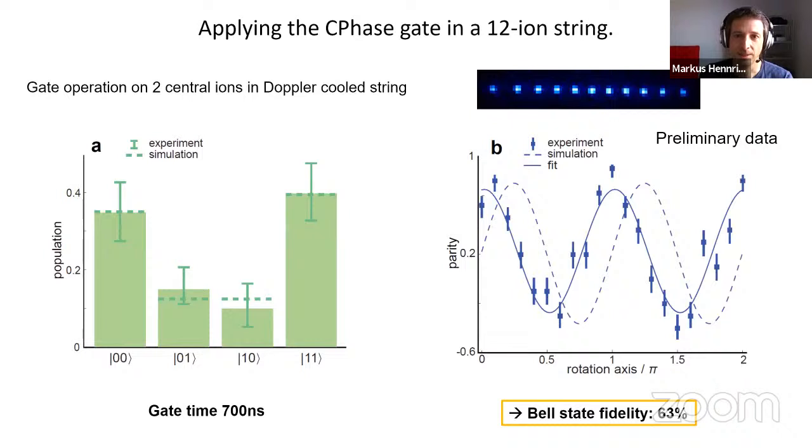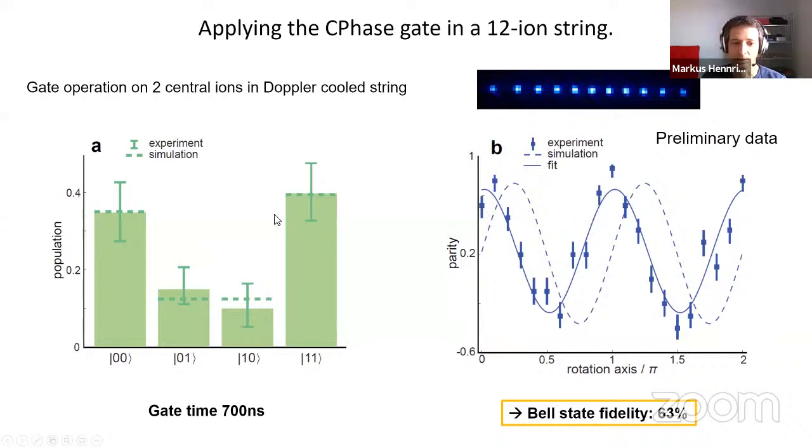And we actually did an initial test on this. Of course, in that case, we were still limited by the Rabi frequency of our Rydberg excitation lasers, using the gate in a 12 ion string. So we did an entanglement operation on the two central ions in a 12 ion string.